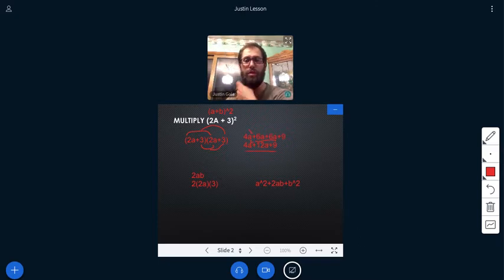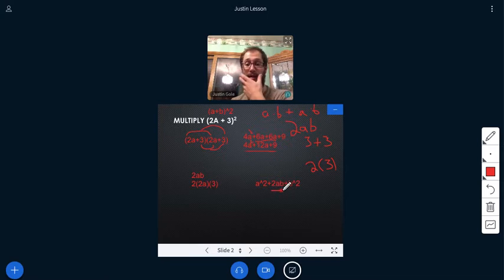So the little trick that we've got going on here is the middle two terms are always going to be the same thing. And if you think about it, say you have 3 plus 3, you can rewrite it as 2 times 3, right? So if you have a times b plus a times b, you can rewrite it as 2ab.